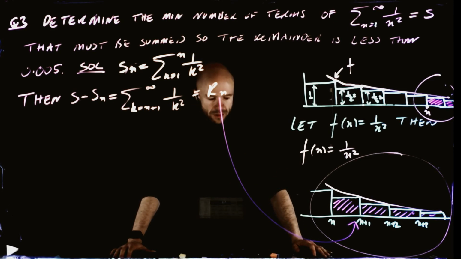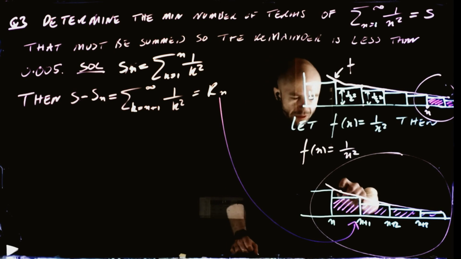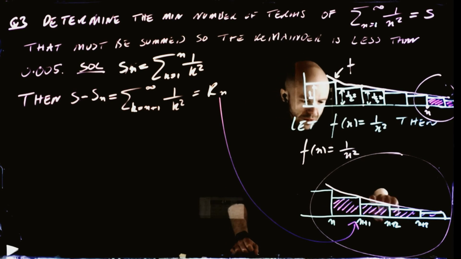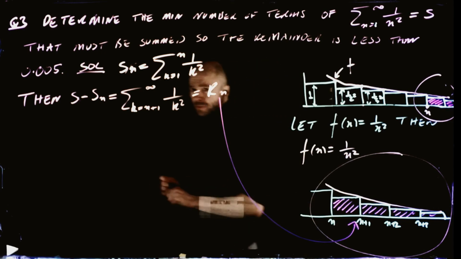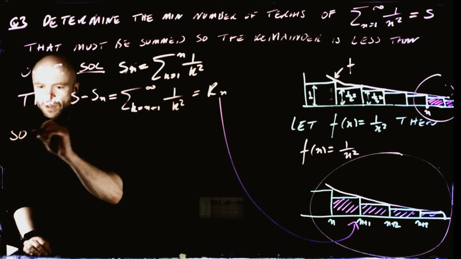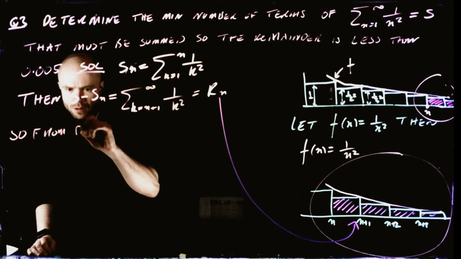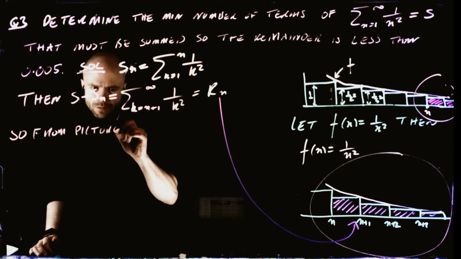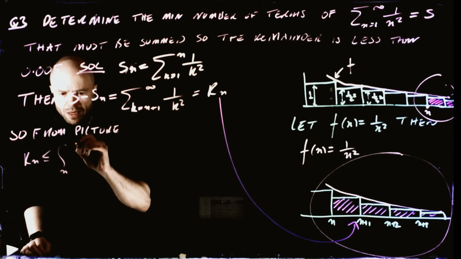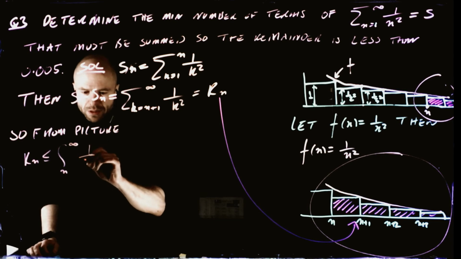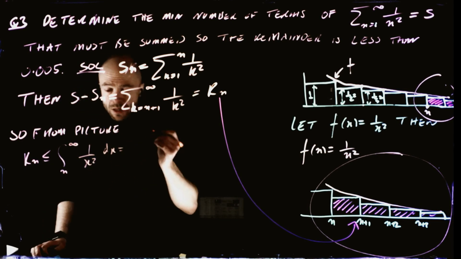Indeed, right? We see from this picture that if we integrate from n to infinity, then all of these guys that we're trying to estimate live underneath the graph of the function from n to infinity. So, from the picture, we have that R_n is less than the integral from n to infinity of 1 over x squared dx, and that thing we can calculate.